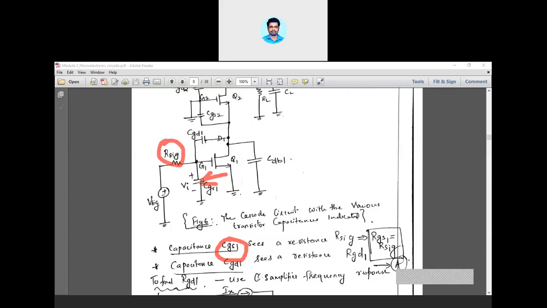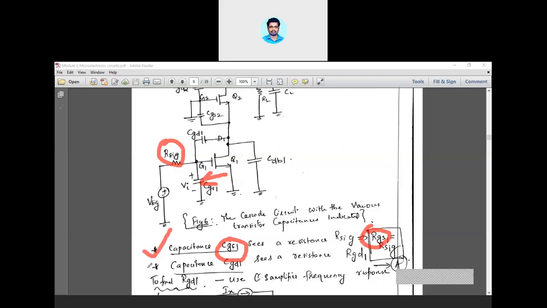When you open these terminals and look into it, the only resistance that you can find is Rsig. So this is your RGS1. RGS1 is nothing but the resistance obtained by looking through the open terminals of CGS1. So RGS1 can be represented as Rsig, which is given by equation A. So that is the first case.